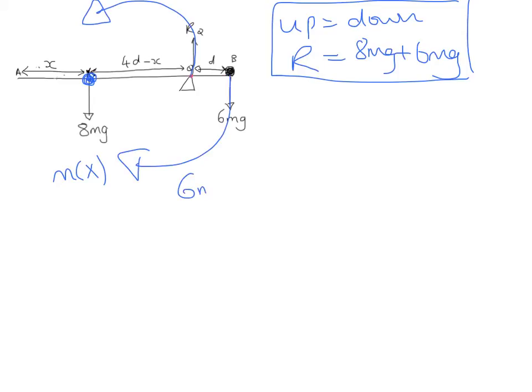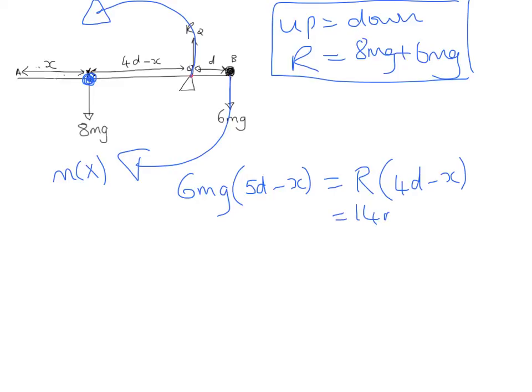So on one side of the equation, 6 mg. To make the moment, we multiply that by the distance, which is 5d minus x, and that equals the R, which is 14 mg, which we got at the top, multiplied by the distance to the pivot, 4d minus x.